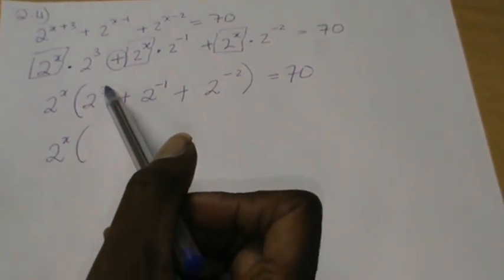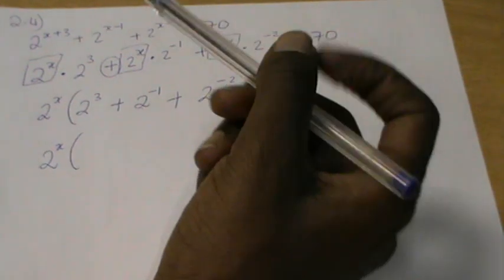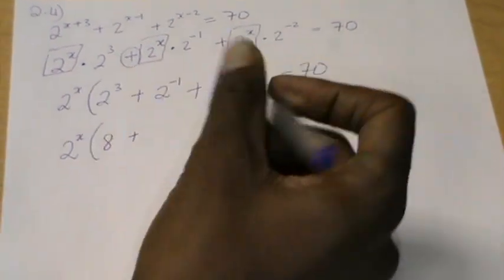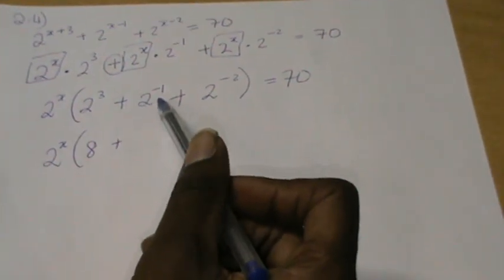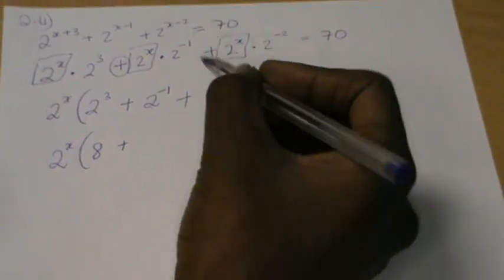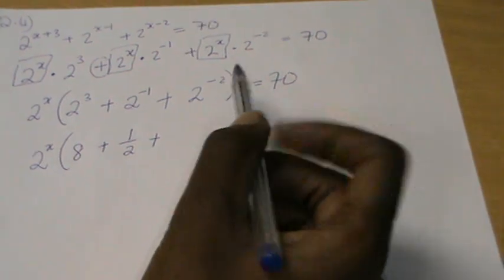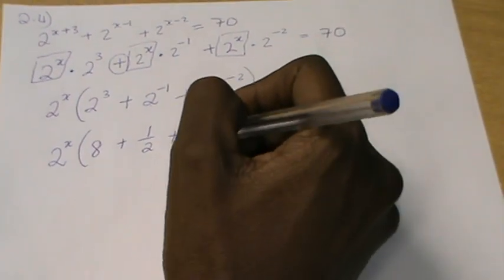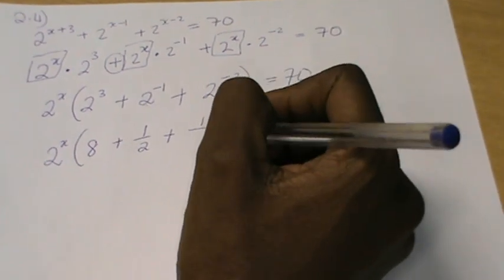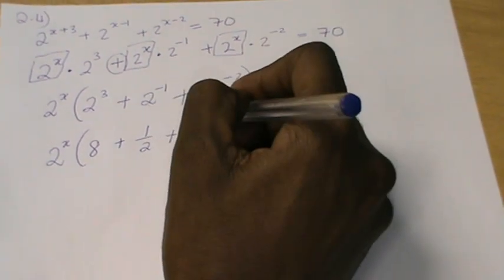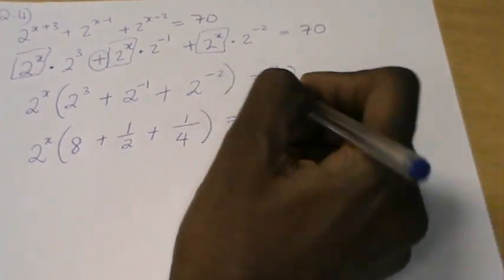What is 2 to the power of 3? It's 2 times 2 times 2, which is 8. And then this one here, 2 to the power of minus 1, this is 1 over 2. So this is half. And then 2 to the power of minus 2, this is just 1 over 2 squared, which is 1 over 4. And this is equal to 70.